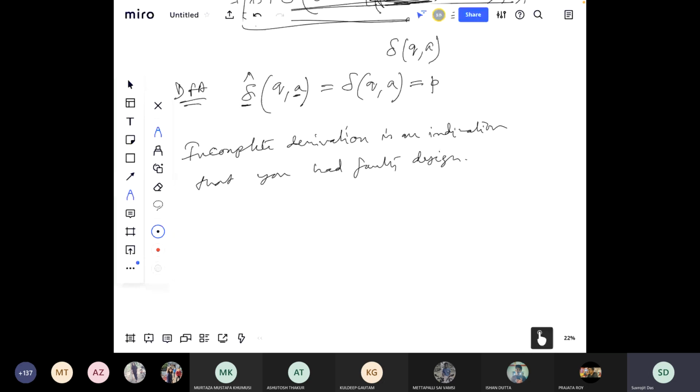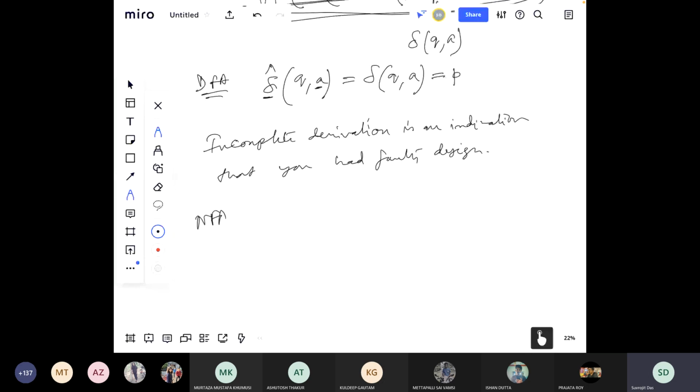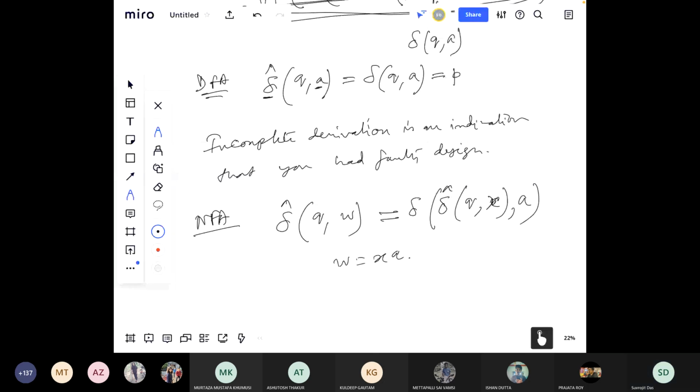So in case of NFA, the same thing happens. In case of NFA, del hat of q comma w will be defined in the same way. Del hat of q comma x, and del of that, thinking of w to be x followed by a.